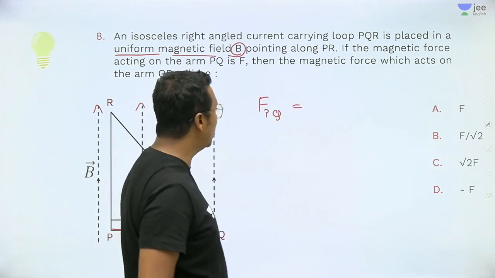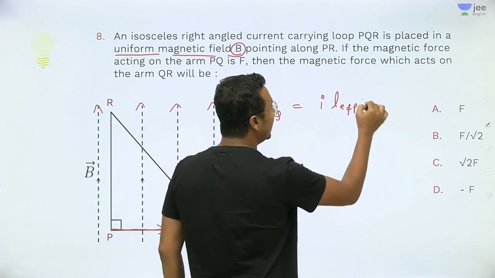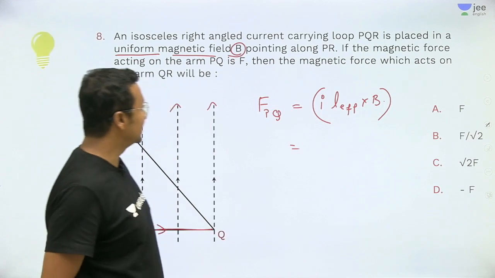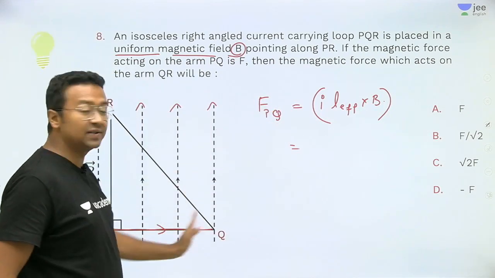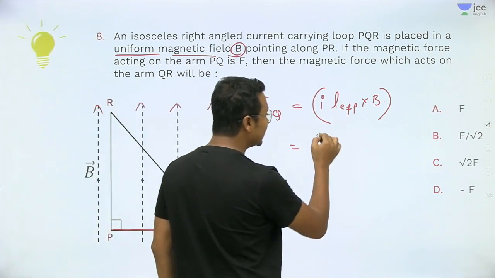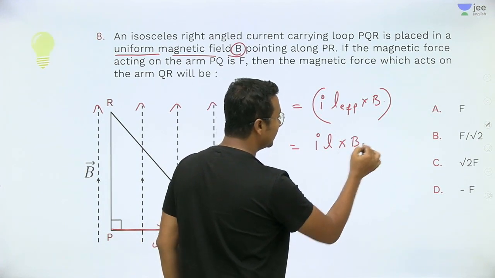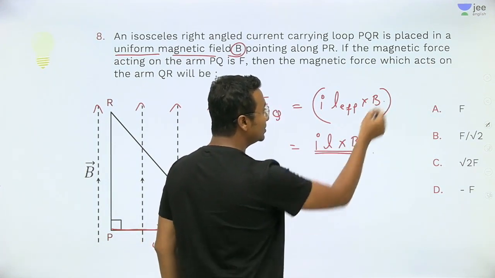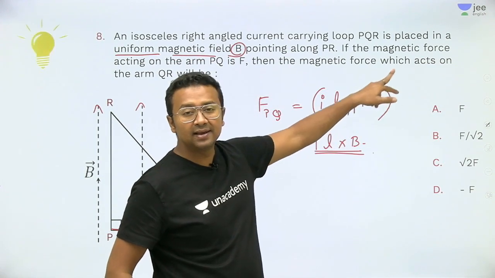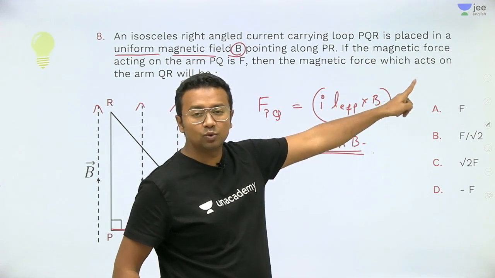will be equal to what? It is I L effective into B, alright. Now, let's try and see this. What is the length of this part? Let's say the length of this particular part is L. So, I can write this as I L into B. Now, see, try and understand, this is L effective cross B, that means L effective B sin theta.